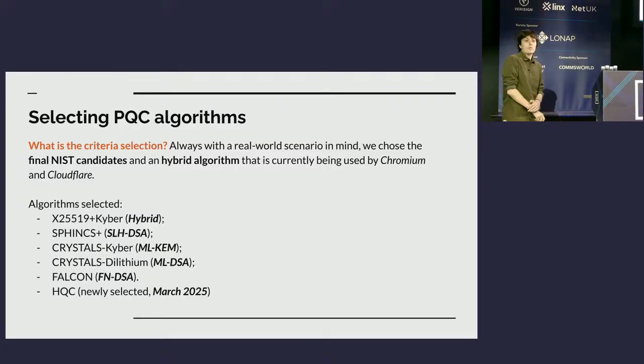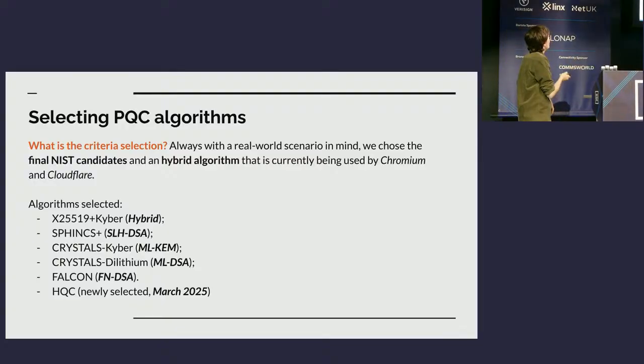Which post-quantum cryptography algorithms did we select? They are quite a bunch, but we decided to take into consideration hybrid algorithms, which are the ones being used right now by Cloudflare and Google, and that are currently being tried for the transition, and also the final NIST candidates that have been chosen.